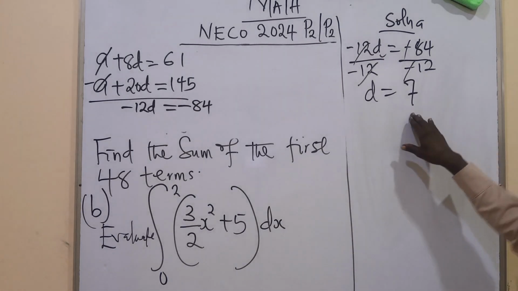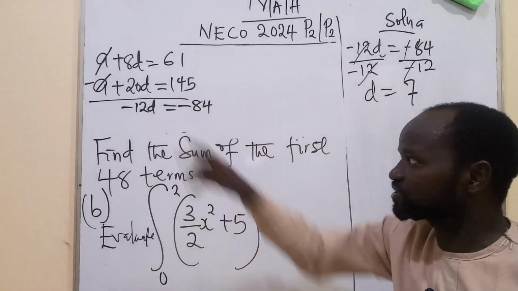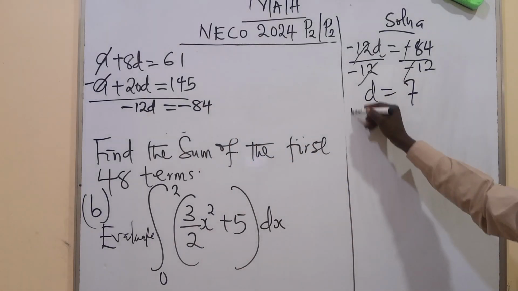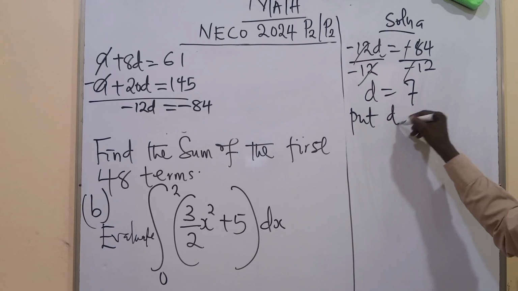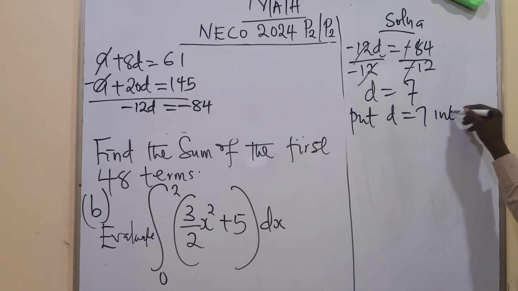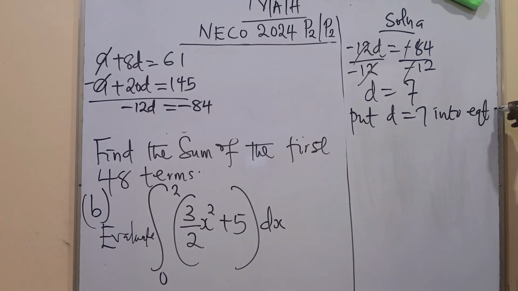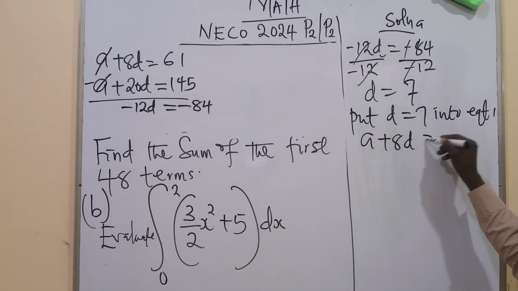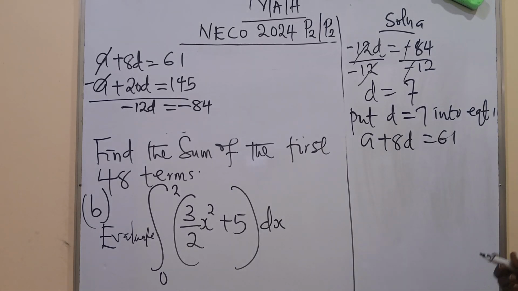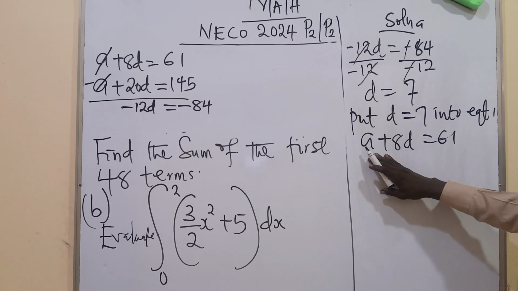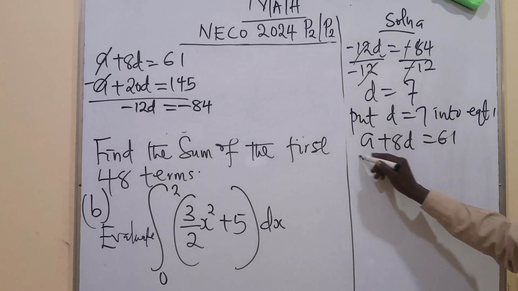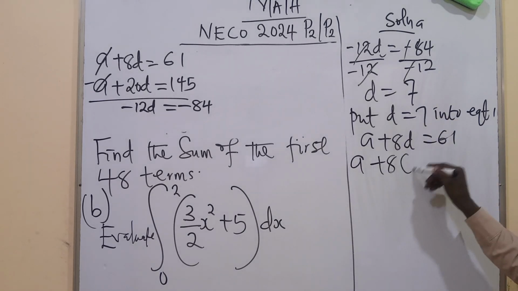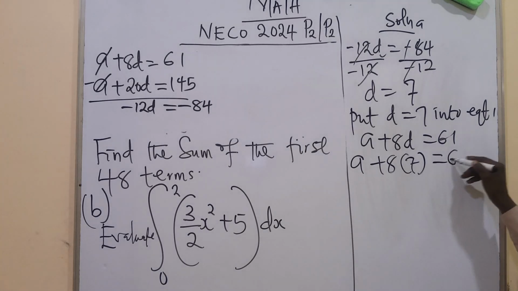So if the common difference is 7, what will be our first term? To do that, we can put D equals 7 into one of the equations. Let's say equation 1. Equation 1 is A plus 8D equals 61. So anywhere we see D here, we put 7. So this will be A plus 8 into 7 equals 61.